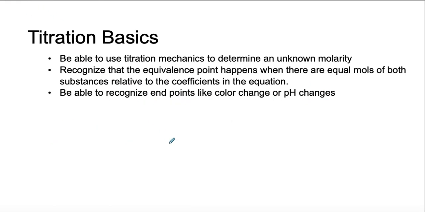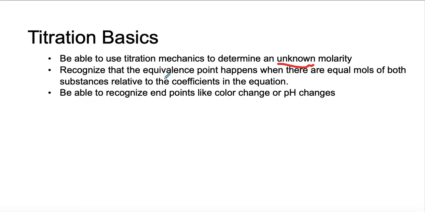All right, and connected to stoichiometry, we did this in the last unit with acids and bases, is titrations. So a titration is a method of determining the moles of one substance when you know the moles of another. And so you have some unknown molarity. And this is basically stoichiometry, except you're doing it by mixing chemicals.